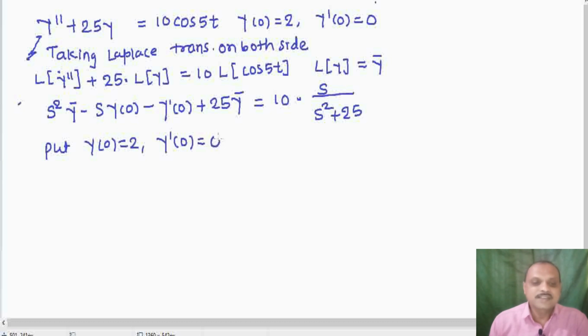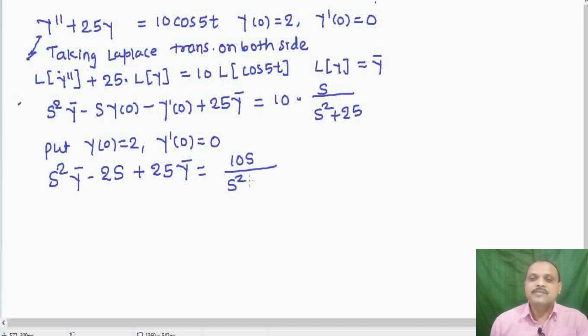Then we get s square y bar minus 2 into s plus 25 y bar equal to 10s divided by s square plus 25.